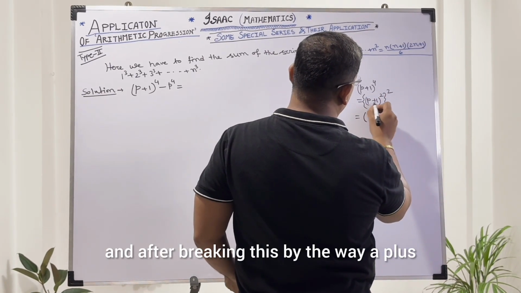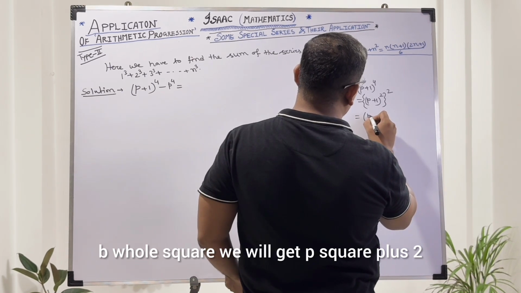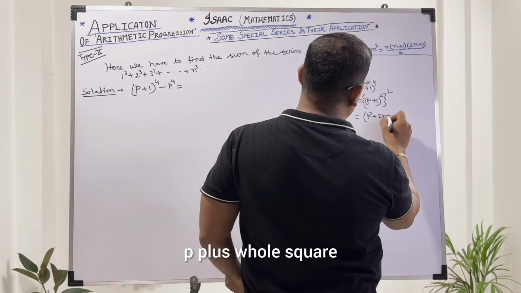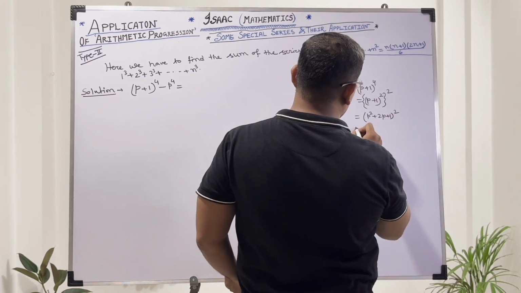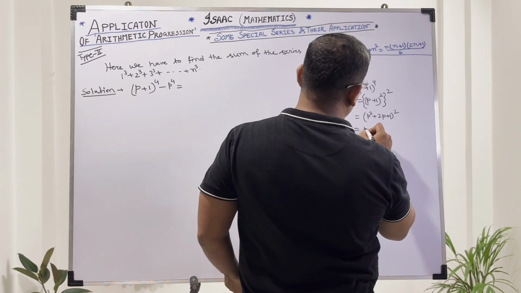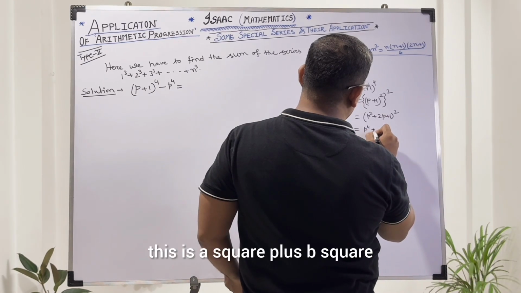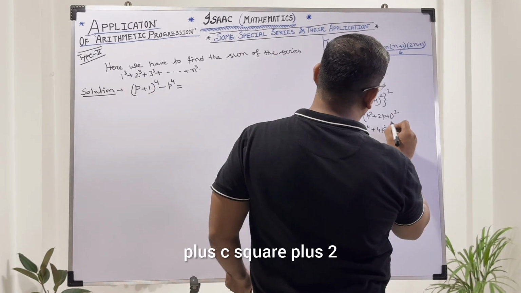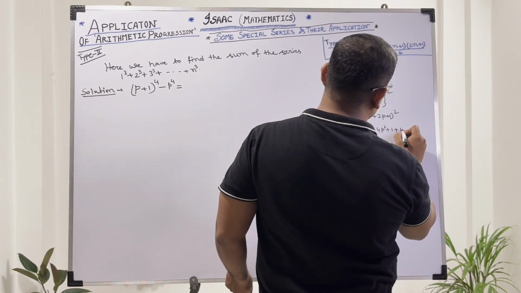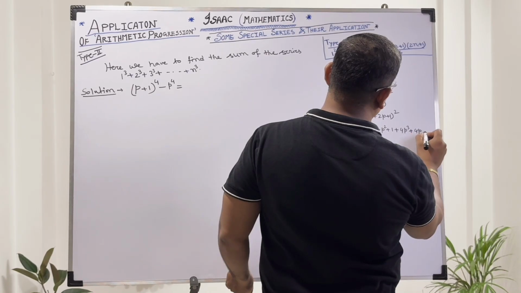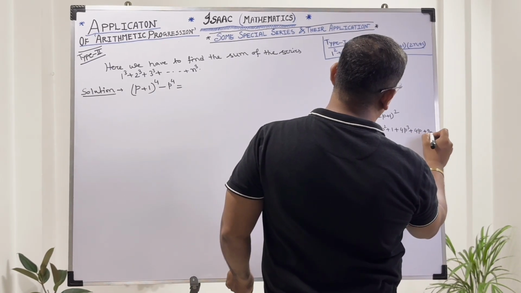After breaking this, by the identity (a+b)^2, we will get (p^2 + 2p + 1)^2. And then it is like (a+b+c)^2, which is a^2 + b^2 + c^2 + 2ab + 2bc + 2ca.